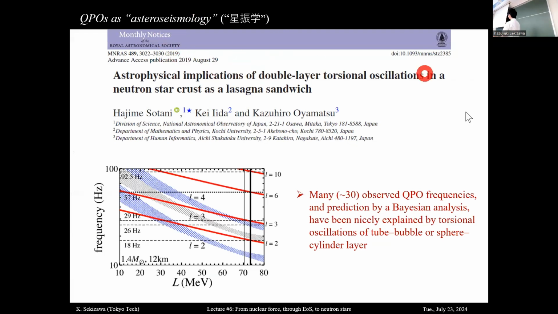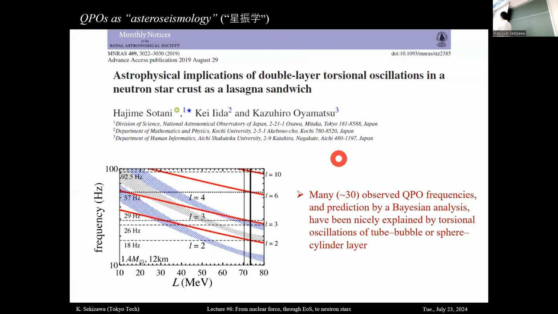Okay. So this paper was published in 2019, quite recently, by Japanese researchers. What they did was consider a kind of pasta structure and some oscillation modes of nuclear pasta, like a lasagna sandwich. It is not realistic food, but you may consider this kind of sandwich or pasta structure.